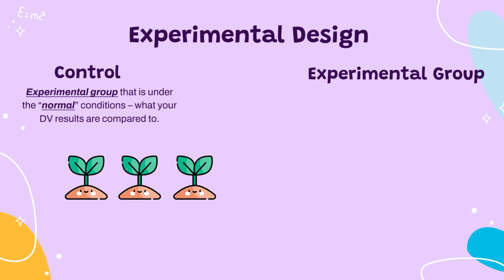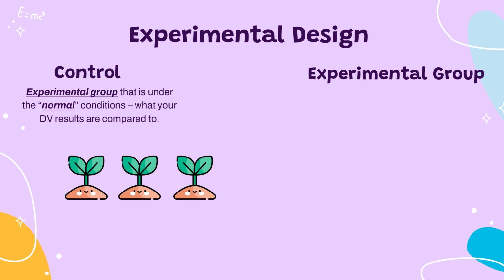That's a nice claim to make, but it doesn't have any real world validity because if I just stick some seeds in the ground and grow plants normally, the plants will also grow tall. So what I need is something to compare to, something that's under these normal conditions, so that I can say, if I add this chemical to plants, the plants will grow taller than they would have if they were growing normally.